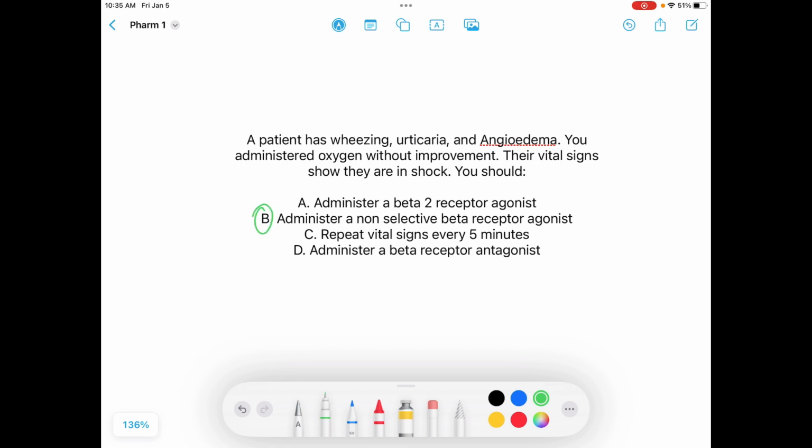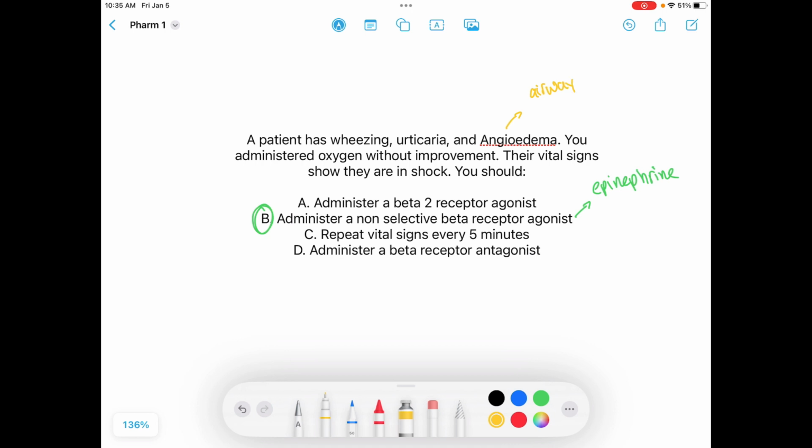And here we're going to pick B. This is kind of hinting at epinephrine being our drug of choice when we're talking about someone with anaphylaxis. So yes, they have wheezing. Got it. That said, they have urticaria, angioedema. Angioedema describes basically, I like to think of it as airway swelling.